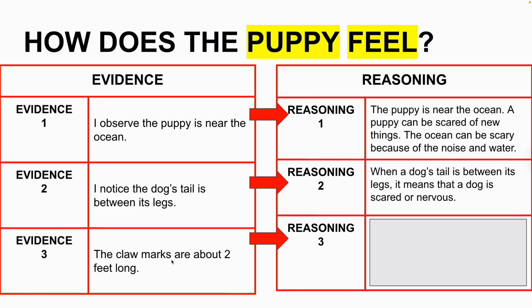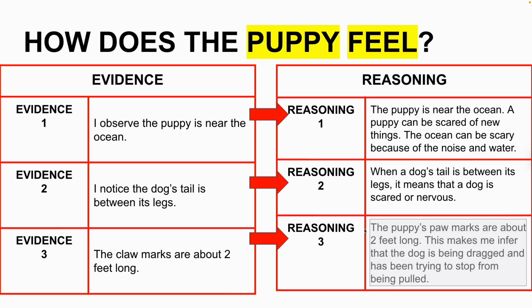Evidence 3, the claw marks are about 2 feet long. Here's my reasoning of why this piece of evidence proves that my claim is right, that the dog is scared. The puppy's paw marks are about 2 feet long. This makes me infer that the dog is being dragged and has been trying to stop from being pulled.